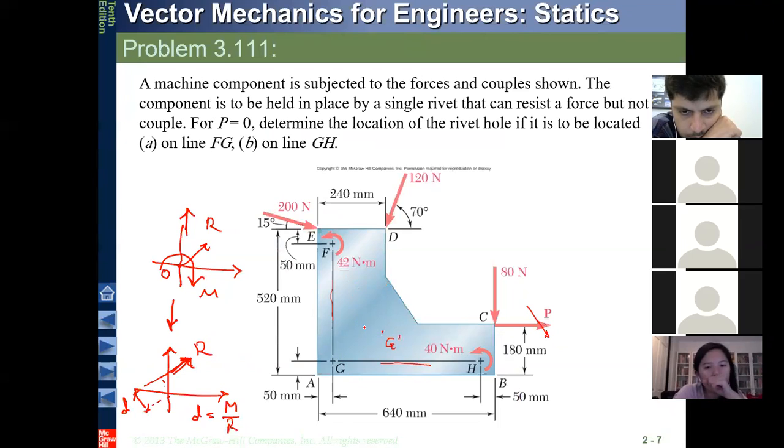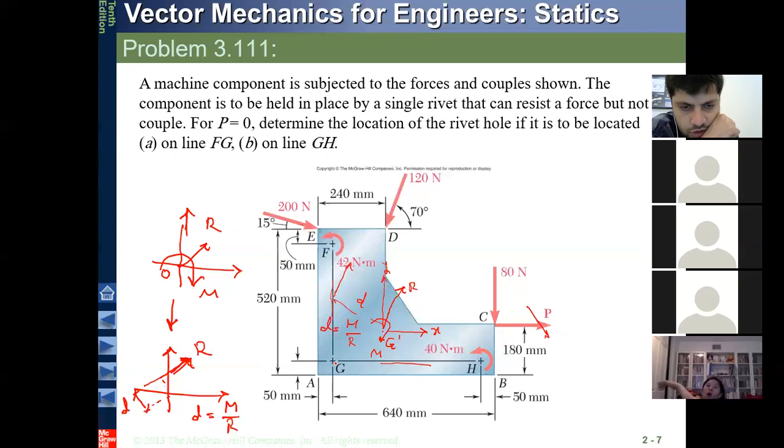But then, imagine the resultant of the force is something like this, and you also have a moment, and you want to find a position such that D would be equal to M over R. This is going to be hard because it is not easy to calculate a proper D here.